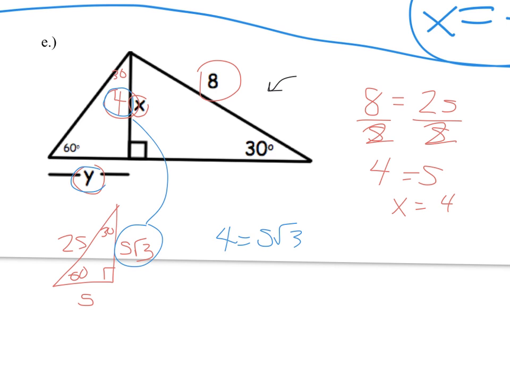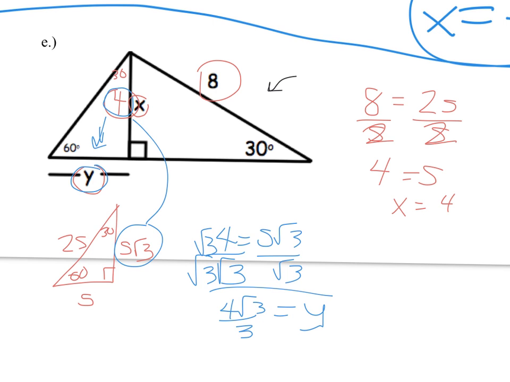So we're trying to find s, the smaller side on this triangle on the left, the side across from the 30-degree angle. So I've got to divide both sides by square root of 3. I have to rationalize the denominator. I get 4 times the square root of 3 over 3, and that is my y. Sorry.